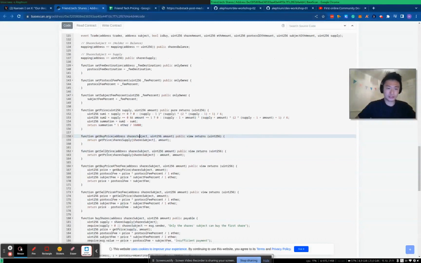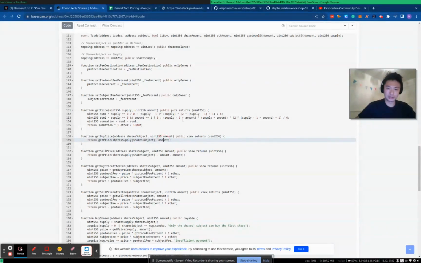And then there are 2 functions, getBuyPrice and getSellPrice. These 2 functions use this getPrice function and also this map. As we remember, this map keeps track of the total number of outstanding shares per subject. So this gets the number of outstanding shares for this particular subject, and then the amount you want to buy.